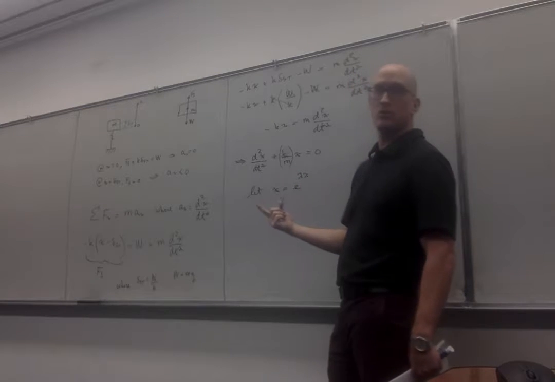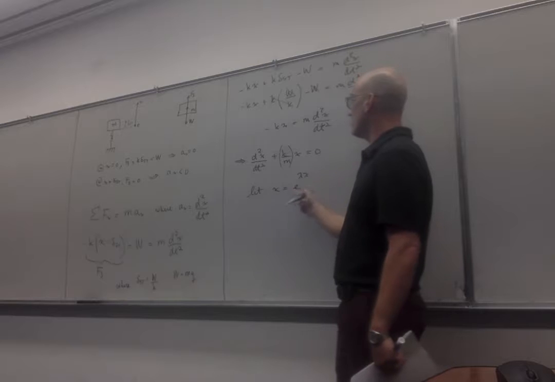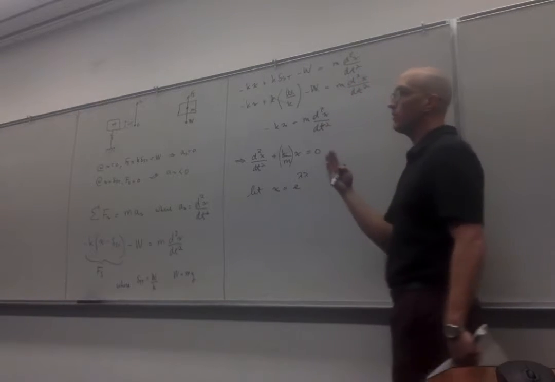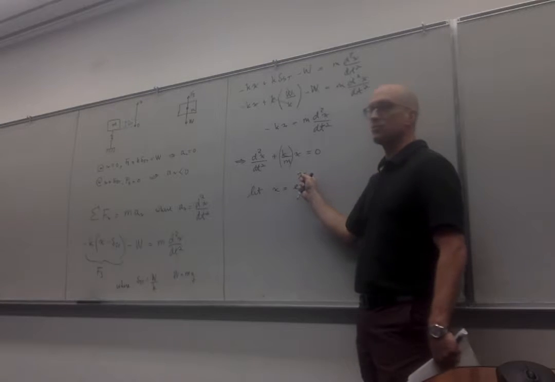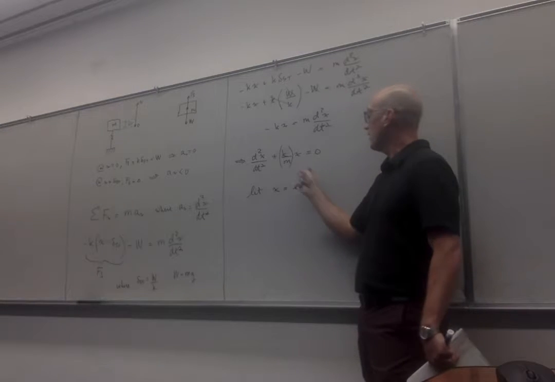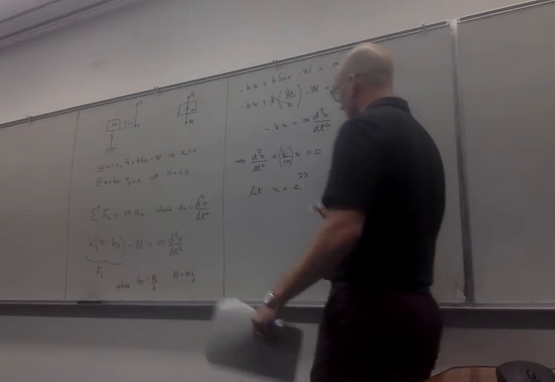So there's a function that satisfies that case. Exponential is one, and as you probably remember, depending if the argument of the exponential is real or complex, this can become as well sine or hyperbolic function.